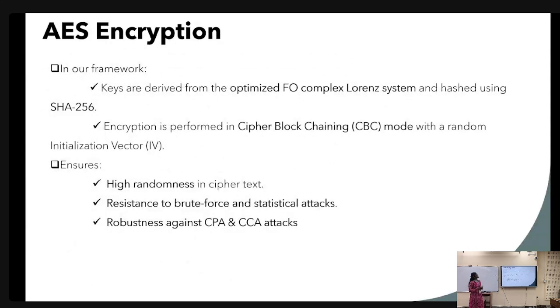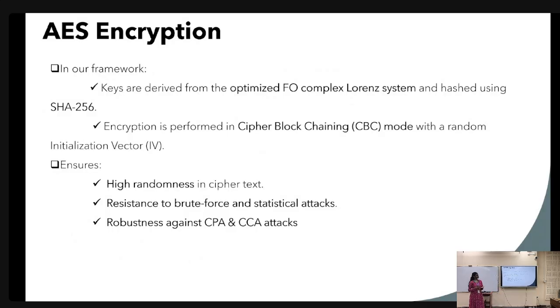Now, the framework we are using, as I said, is the optimized fractional-order complex Lorenz system used for encryption. In this block cipher algorithm we also have different modes. So we are using cipher block chaining mode, which is CBC mode, with a random initialization vector.